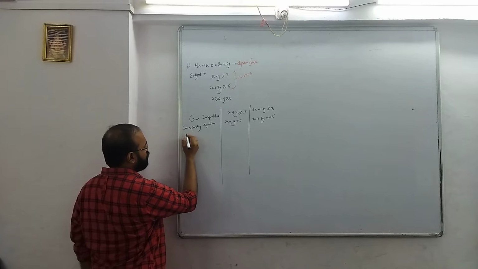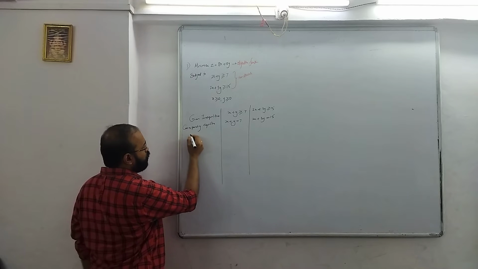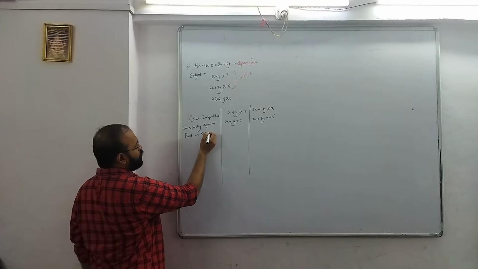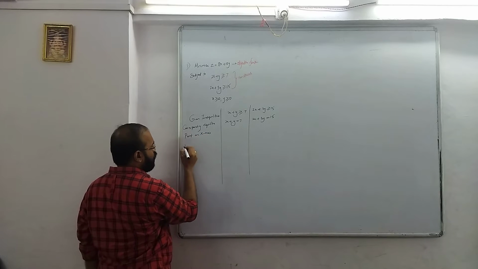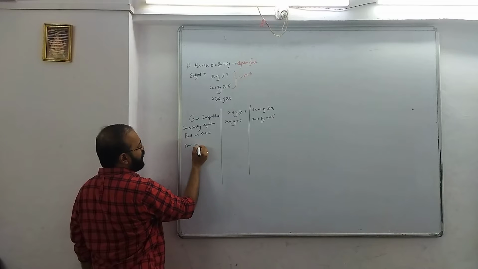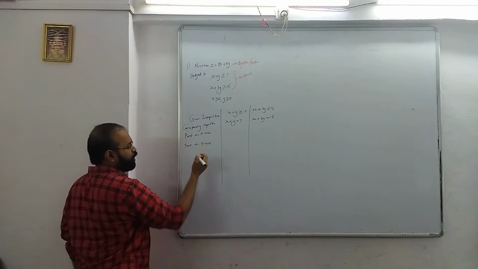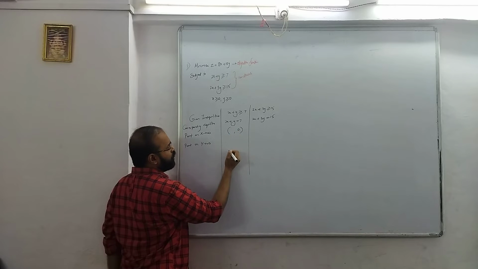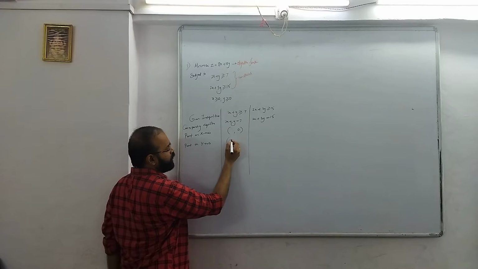So when we draw on a graph, what we get is a point on the x-axis and a point on the y-axis. Whenever a point is on the x-axis, the y will be 0, and whenever a point is on the y-axis, the x will be 0.